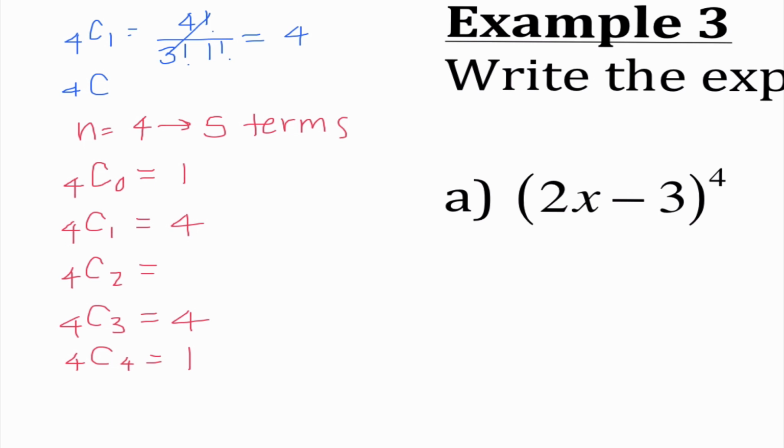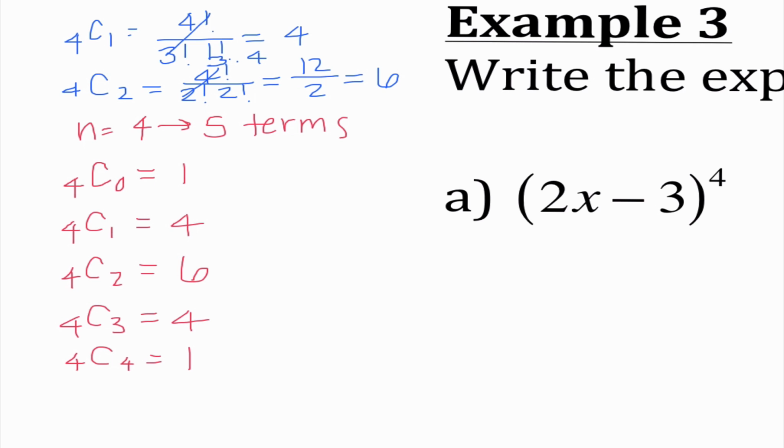Now for 4 combination 2, I would get 4 factorial over 4 minus 2 factorial, which is 2, 2 factorial. So when I simplify this, this would be 3 times 4, so I have 12 over 2, which is 6.